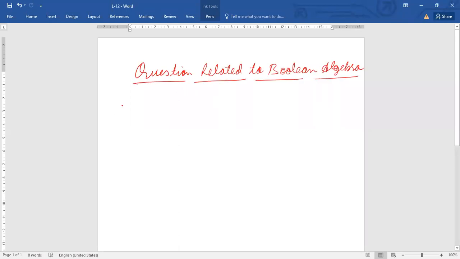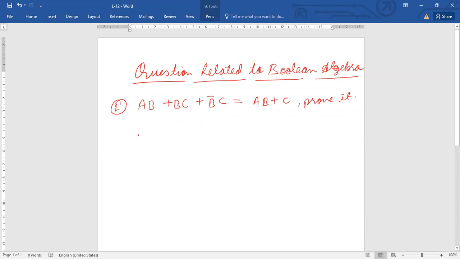Okay, so I am giving you the first question that you have to prove. The first question is AB plus BC plus B bar C is equal to AB plus C. You have to prove it. While proving this, you will have to use the Boolean laws or the Boolean rules.